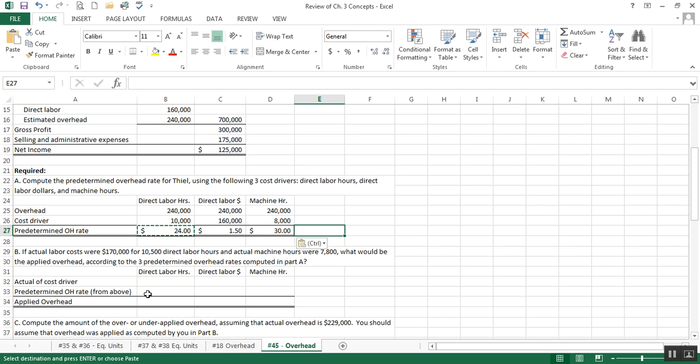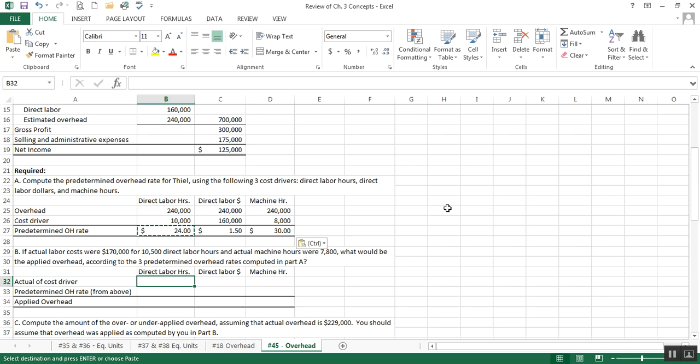Let's look at Part B. If actual labor costs were $170,000 for 10,500 direct labor hours, and actual machine hours of 7,800, what would be the applied overhead according to the predetermined rates that we computed above? So here's where the different rates come into play to calculate the applied overhead. So the actual of each cost driver.